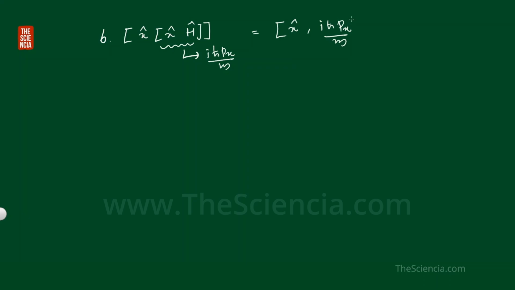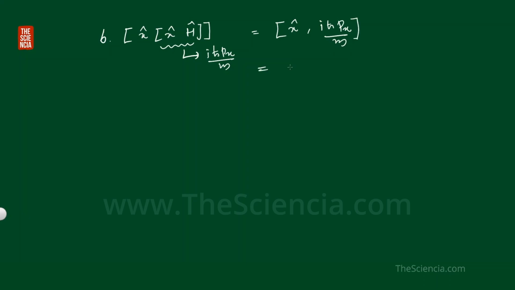Question B. Find the commutator bracket of x cap, commutator x cap, h cap. Here we already evaluated this term, and this value is equal to i h cross px by m. So this is equal to x cap comma i h cross px by m.